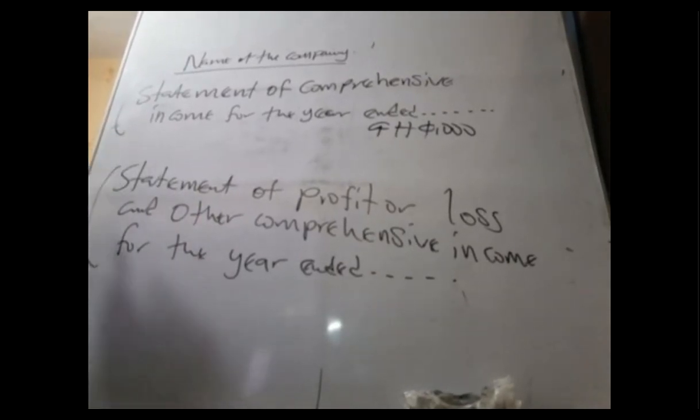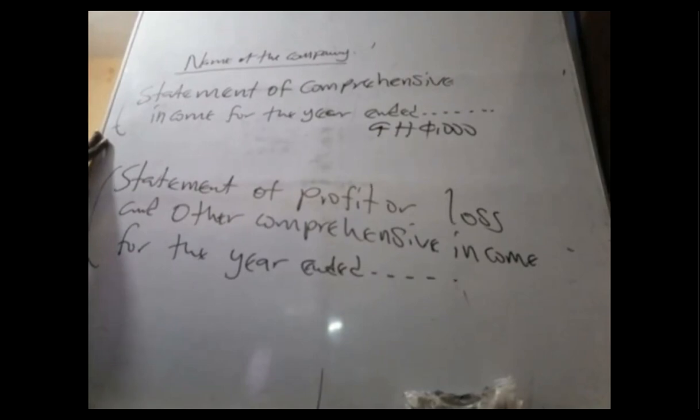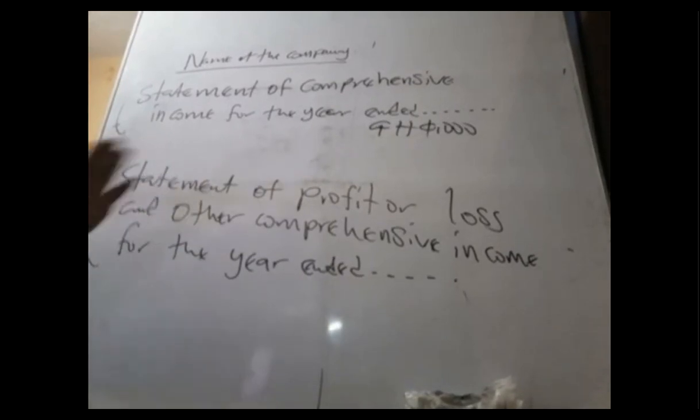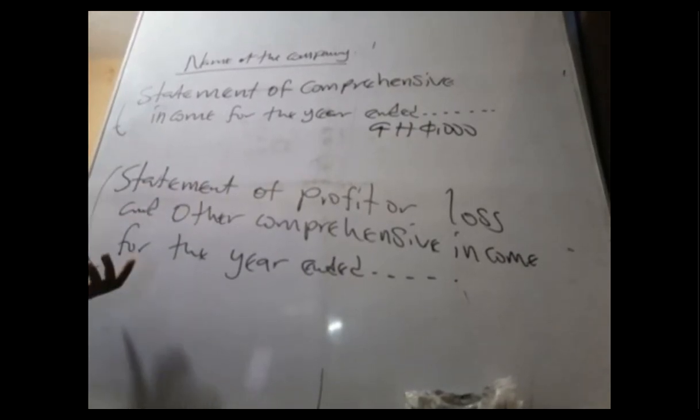Don't worry about this one, because the examiner will put it in the question. You're just summarizing what you see in the question. If the examiner asks for the statement of comprehensive income, I just copy the same thing. If the examiner wants the statement of profit or loss and other comprehensive income, why not? I will write it for you.